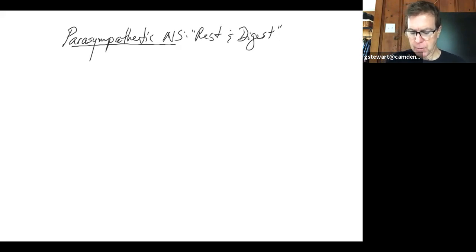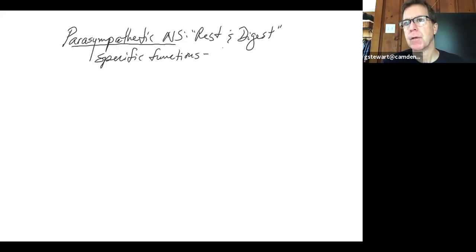So first thing I'm going to say is specific functions, and this is not an all-encompassing list. These are the major examples. This subdivision is in charge of or regulating the digestion of our food.